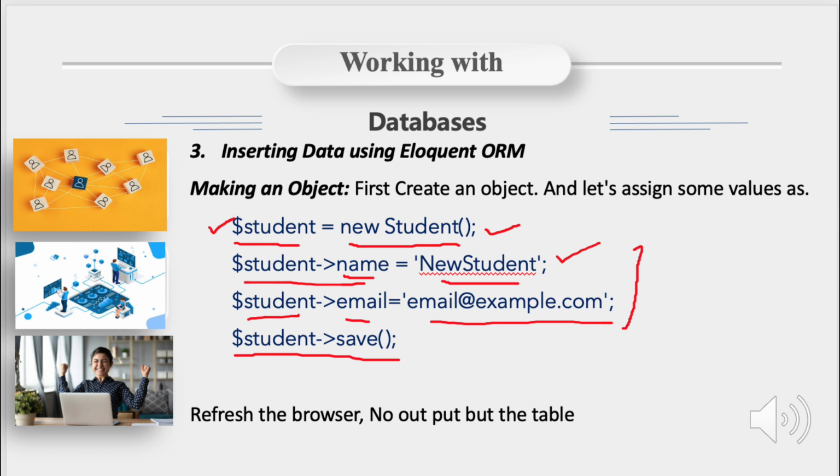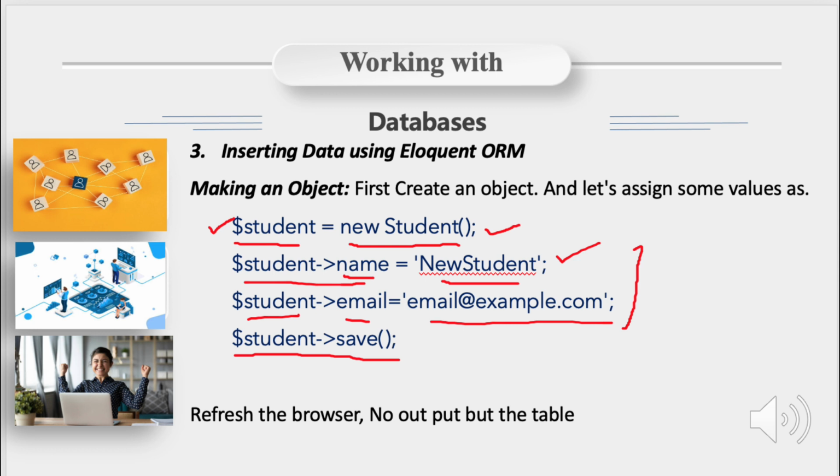Using this object, student arrow name, the name will be the column of the table that you want to insert a value into, and this will be the value you want to insert. So for example, new student.